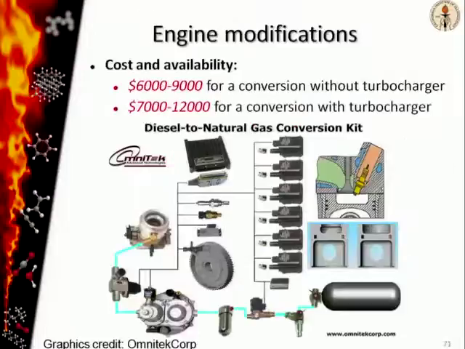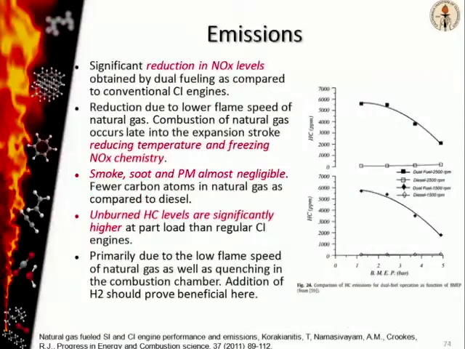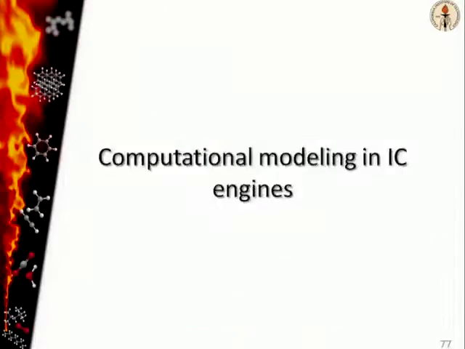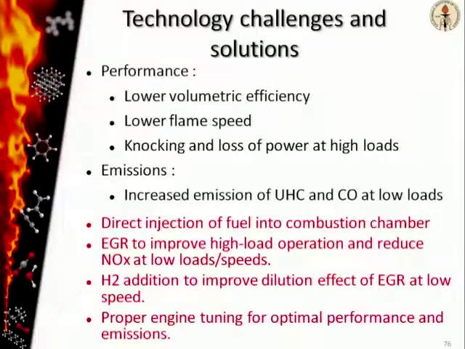In the interest of time, I'm going to skip ahead a little bit and just go through some of the major technology challenges and solutions with using natural gas in diesel engines. One of the factors you encounter in diesel engines, just like in gasoline engines, is lower volumetric efficiency, and natural gas also has lower flame speed. The way you fix these problems is the same way that you try to fix them in gasoline engines.